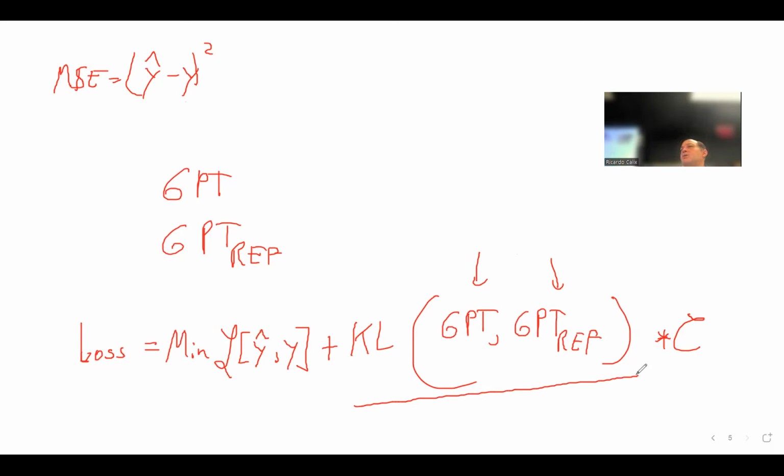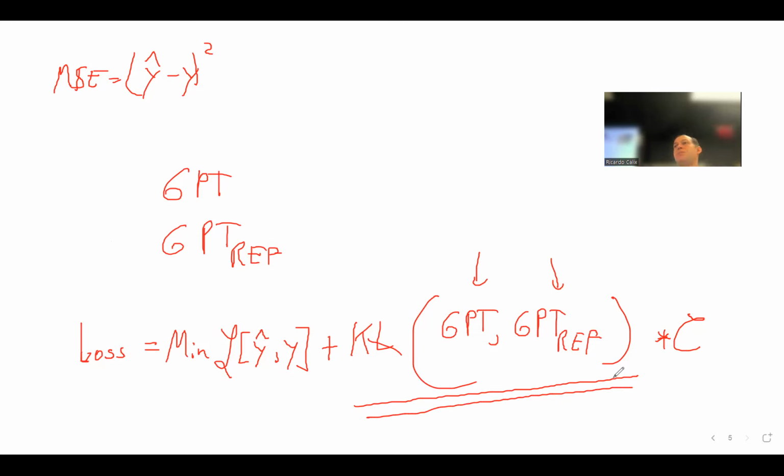It's called a KL divergence, which is basically taking the GPT that you're updating and always comparing it to the unchanged GPT to make sure that the weights don't go crazy, and that's basically it. As I said, you don't have to implement any of this, but it is in the paper.